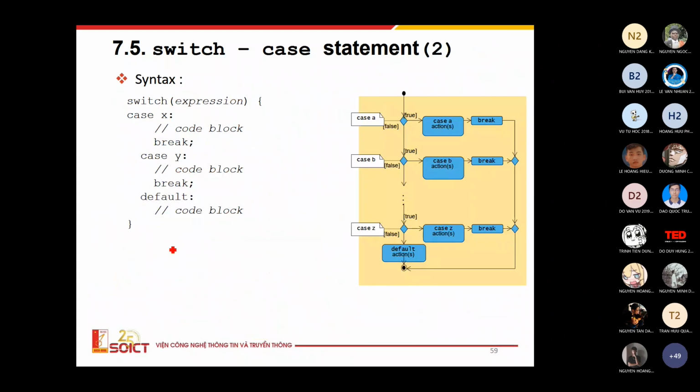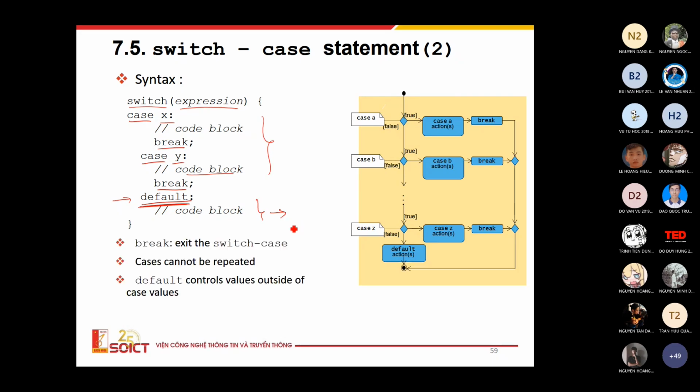And this is the syntax for the switch case. You have the switch, you have the expression, and you have each case and then the code block. You have the break, another case, code block, break, and the last one is default. That means if you do not satisfy any case, this statement will be executed.